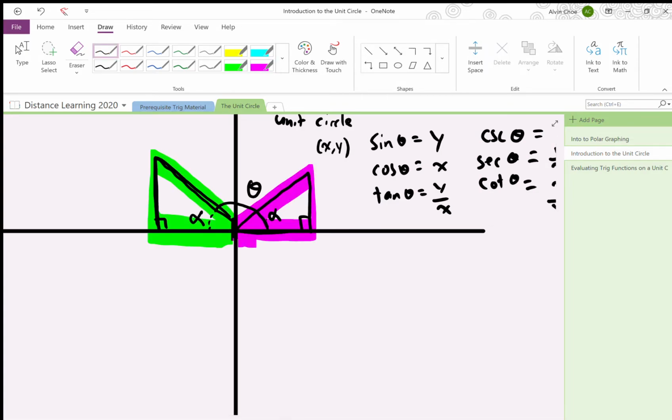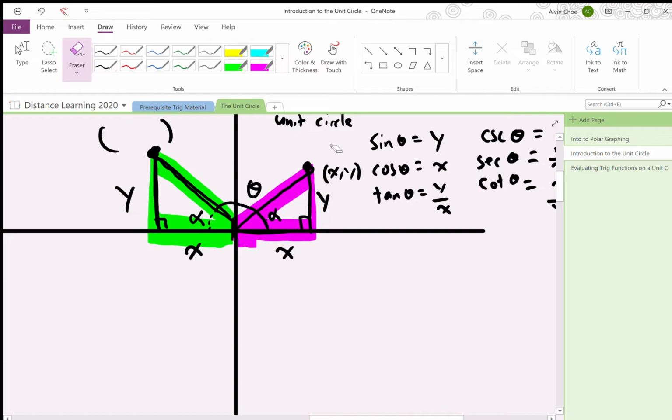So if we call this x over here, then the green triangle on our left, the alpha triangle, should be x as well. And if this triangle on the right, the fuchsia one, vertically, we call that y, then on the green triangle, it should be y as well, because we're still working with the unit circle. But coordinate-wise, it's not the same, because it doesn't make sense that this triangle on the right side has x comma y, when on the left side we also have x comma y.